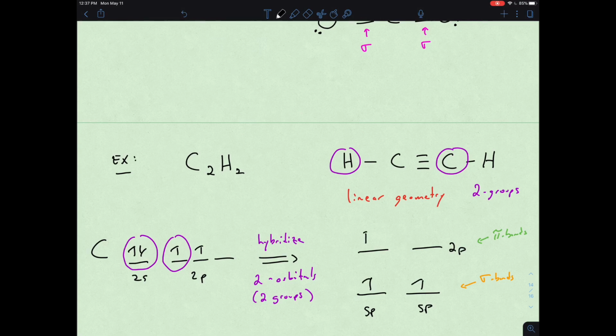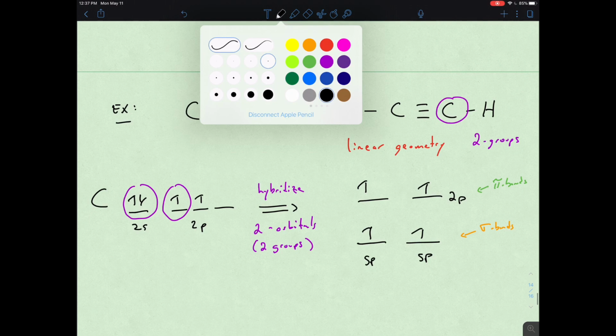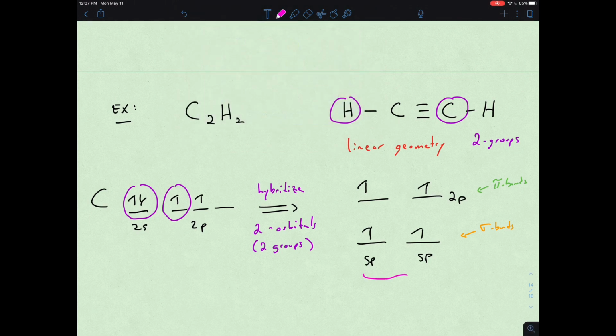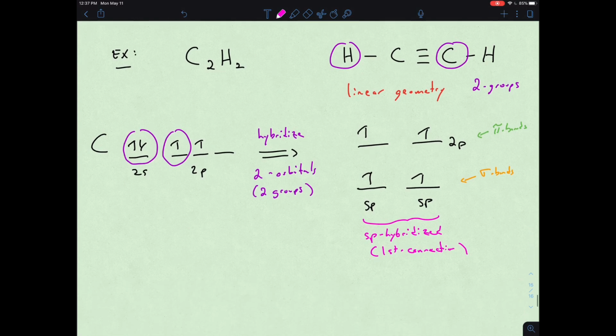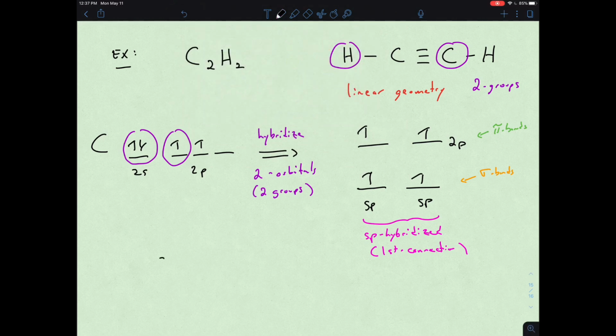And we have one electron in each. So there is our first connection with the sp hybridized orbitals.